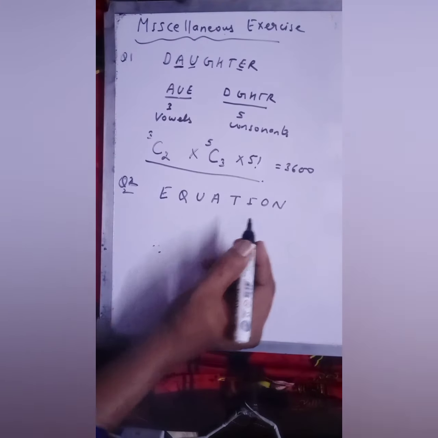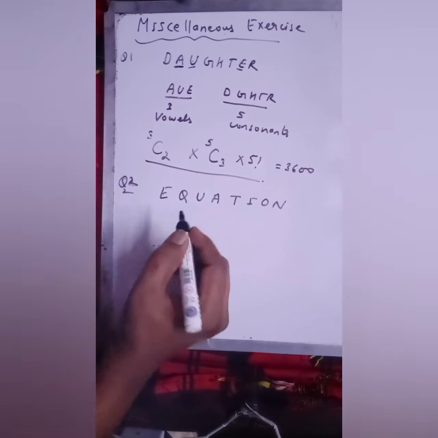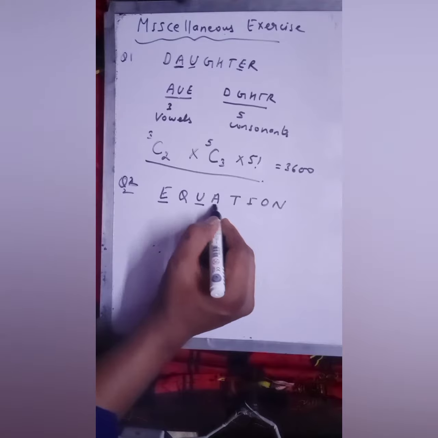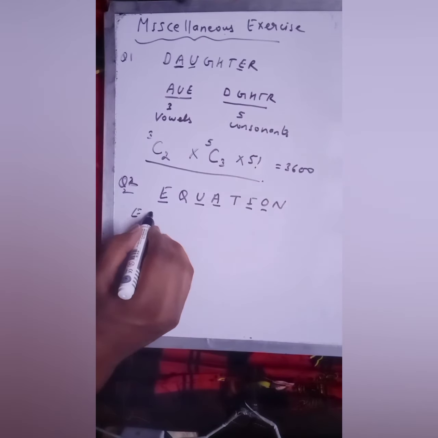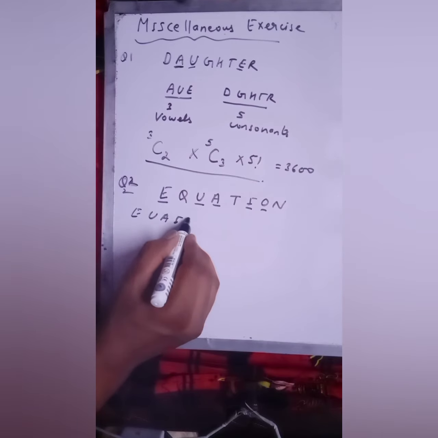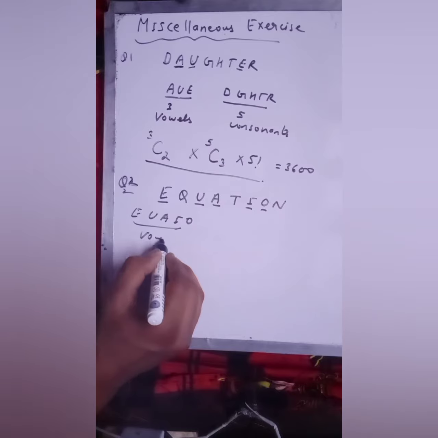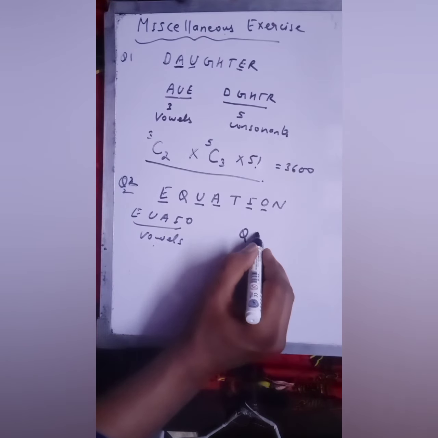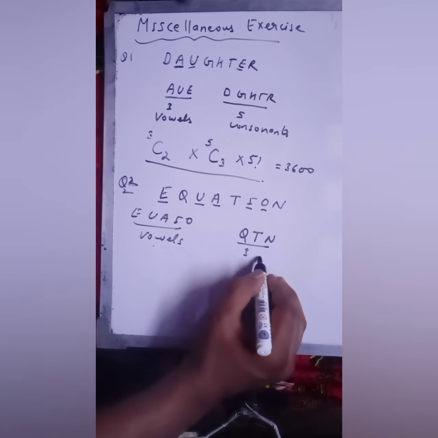It is also an 8-letter word. The vowels are E, U, A, I, O. Sorry, these are vowels. You have 5 vowels. And the consonants are Q, T, N. There are 3 consonants in this question.